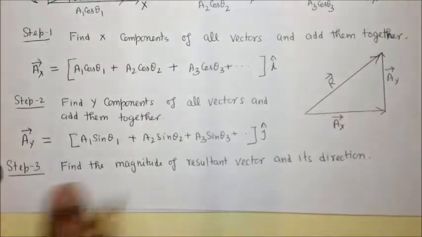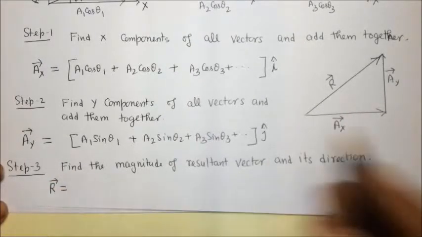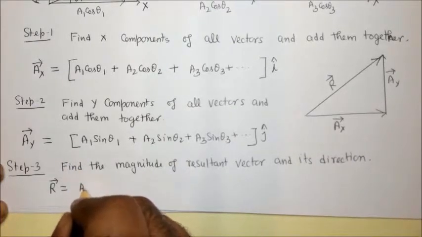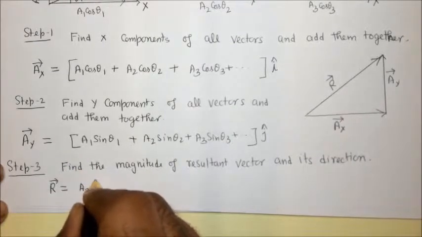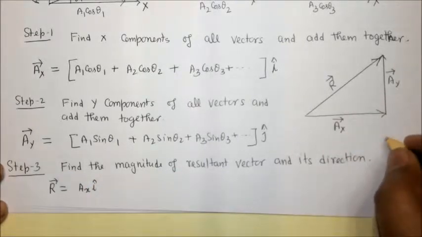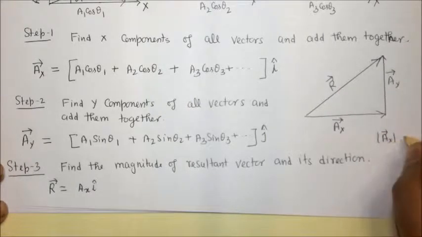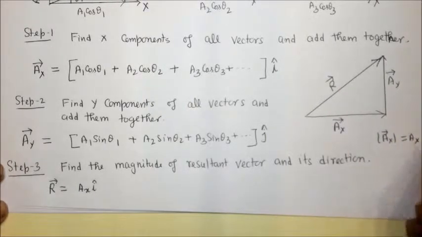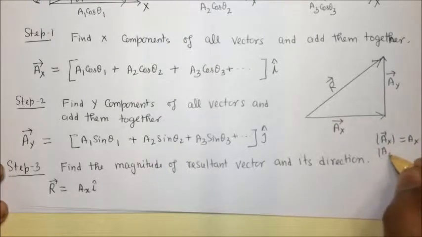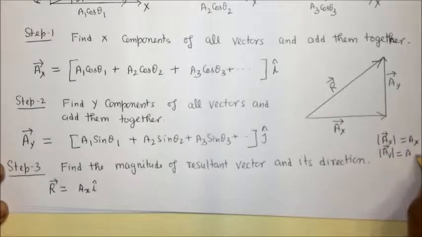So you can write vector r. It has x component ax, so ax i cap, where the magnitude of ax is ax, and the magnitude of ay is ay.